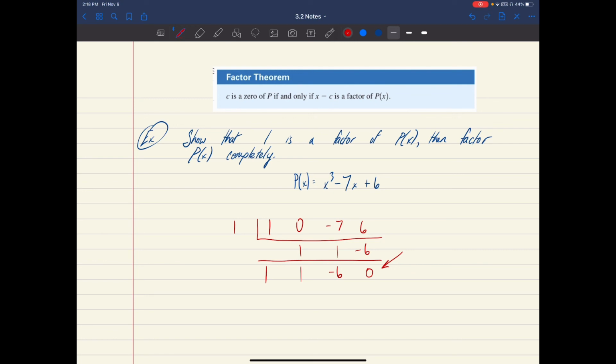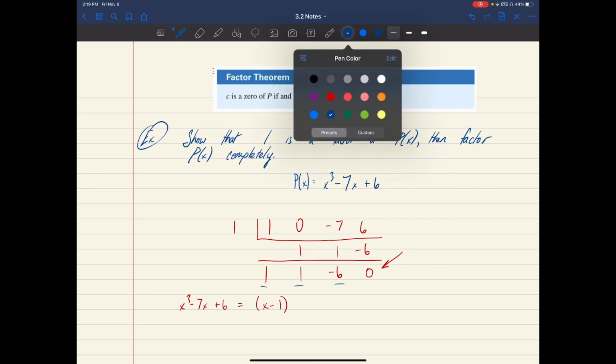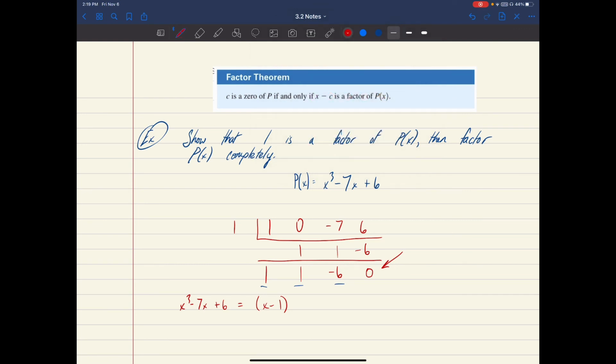So if we were to write this out, I'm going to write it out like this. X cubed minus 7x plus 6 equals, our factor that we were checking was 1. So x minus 1. And then our bottom line, our entries right here, represent the rest of our polynomial. So we would have x squared plus x minus 6.